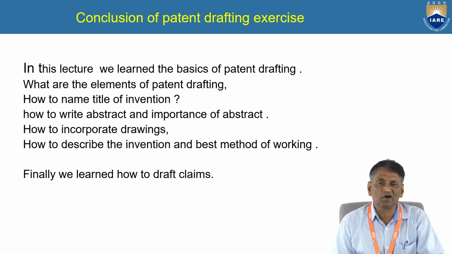But if it is too broad, you may run into the prior art already existing, and that can be a ground for rejection of your patent. So we have to be very careful. We should not run into prior art, and we should not be too narrow. So there the intelligence and experience count.